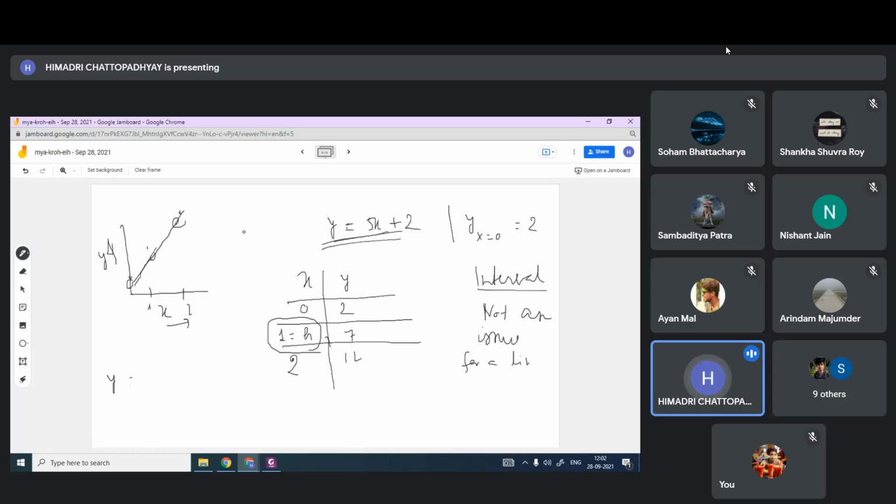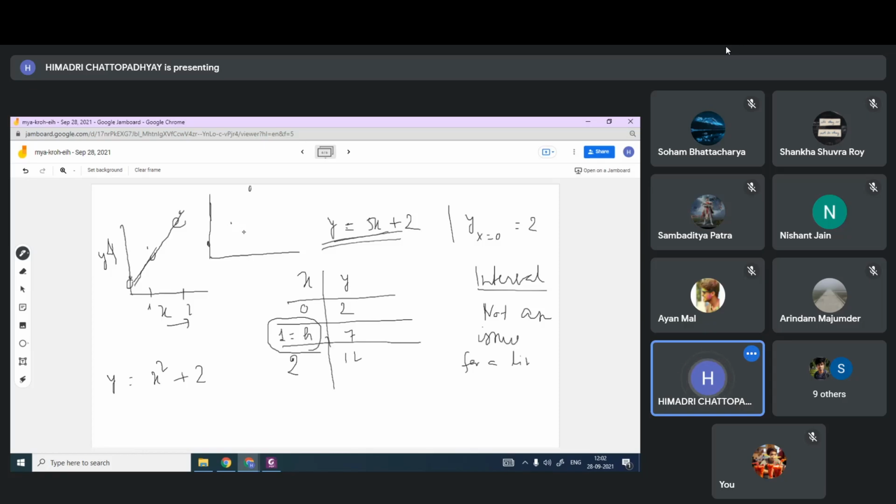But say y equal to x square plus 2. If you take arbitrary points, the line will not be a proper fit. For example, x equal to 0 gives 2, and then you may have this point and this point.